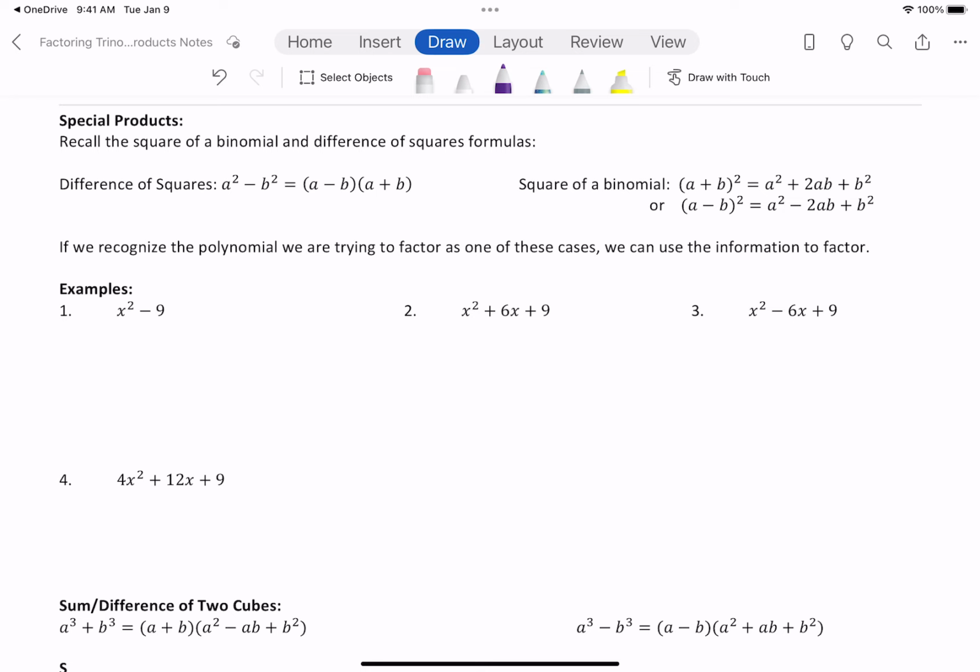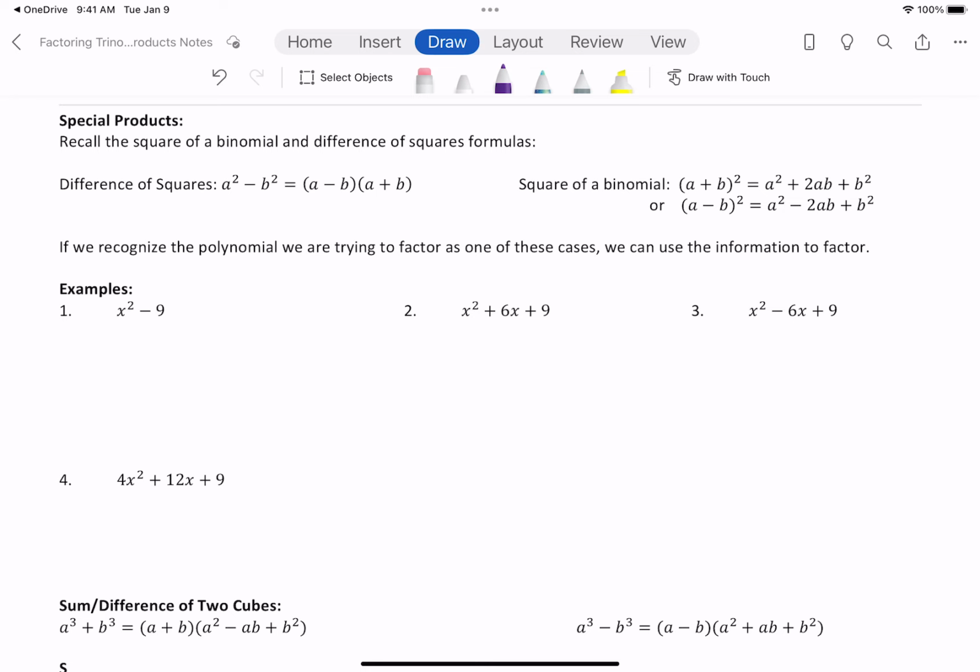So you remember we talked about when we were multiplying a difference of squares. So we found out if we multiplied a minus b times a plus b, that the middle two terms were opposites and canceled each other out and left us with a squared minus b squared.